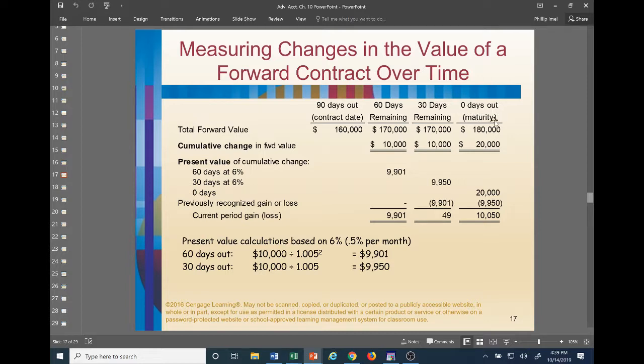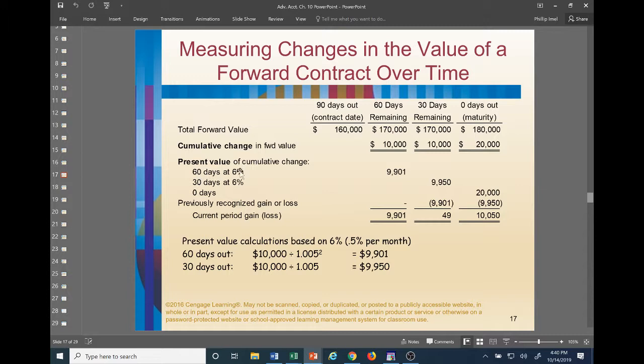And at 0 days out, at maturity, the forward rate is going to be 0.18, applied to the notional amount of a million, which gives us $180,000. So the cumulative change in forward value since the inception of the contract is going to be $20,000, as we see here. So that's how we go about the total forward value and the cumulative change in forward value.